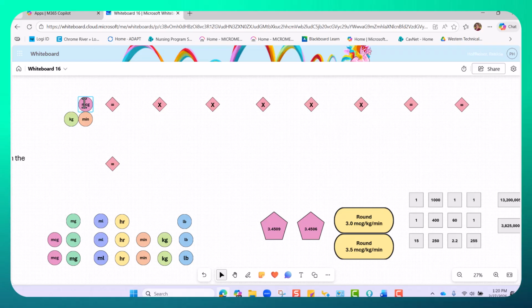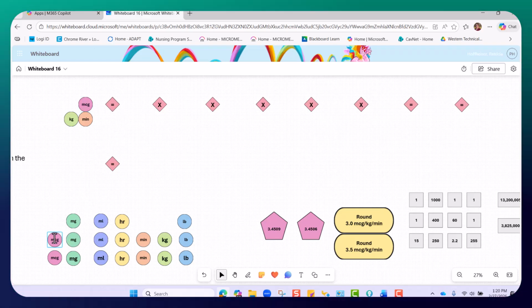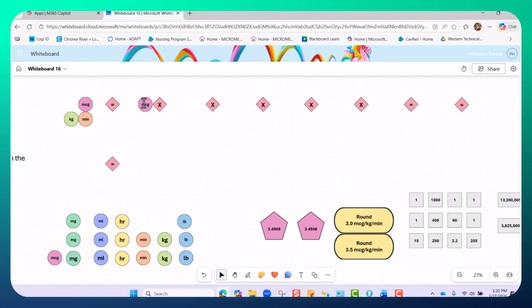So if micrograms is on top, micrograms must be on top of the second fraction in the units of measure position. So this is a little bit of a Z pattern. When they begin, the 2 horizontals in the first fraction have to match. So micrograms equals micrograms. That's the logic that we teach them.